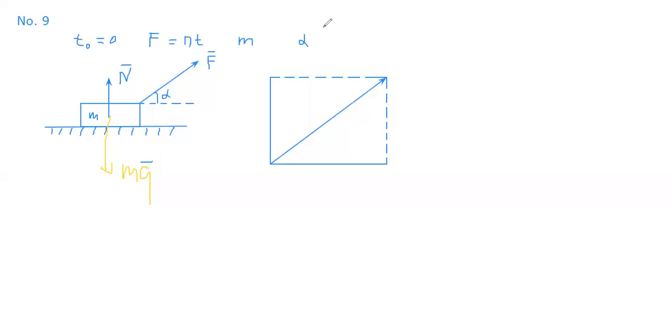We can always represent a vector as a combination of some other vectors.